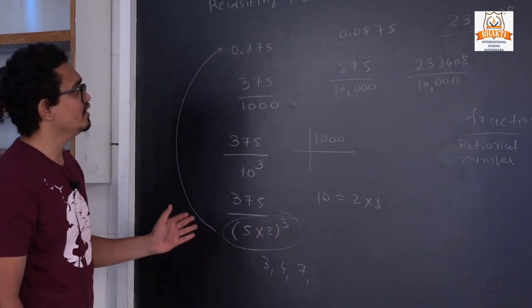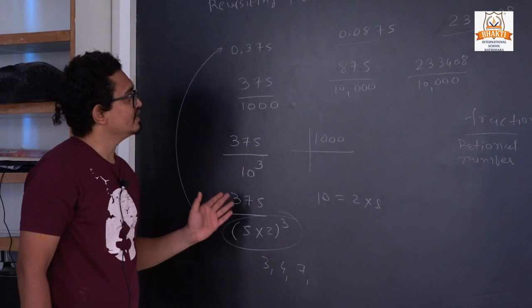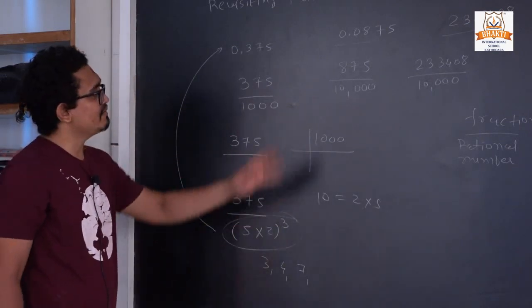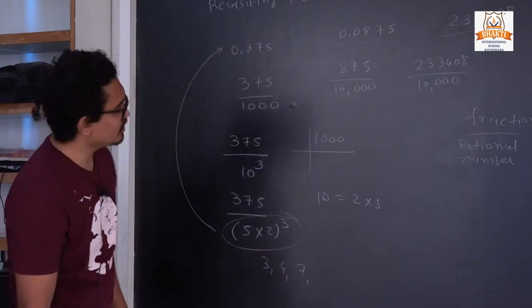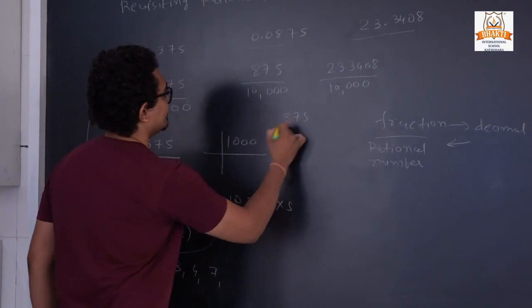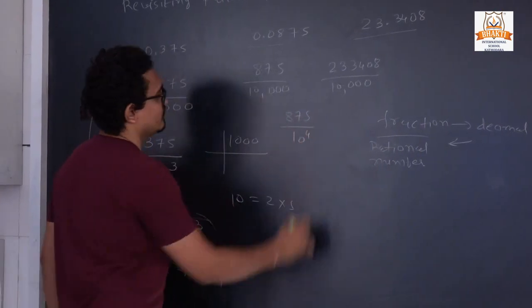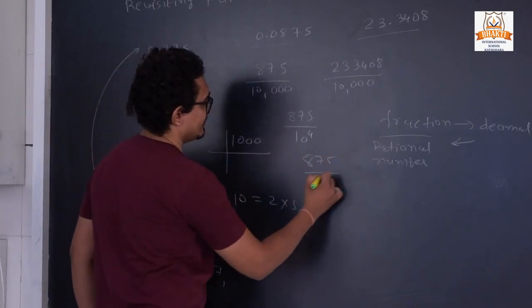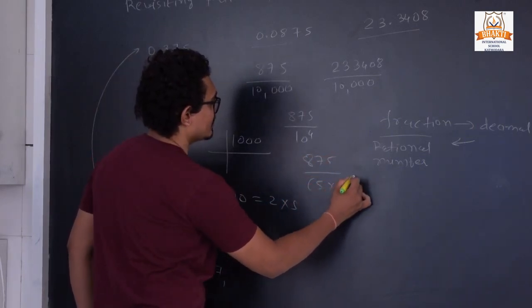We can also see some of these examples in our theorem number 1.5. But before that, here 10,000, we can also write 875 into 10 raised to 4. So once again 875 upon 2 into 5 all raised to 4.